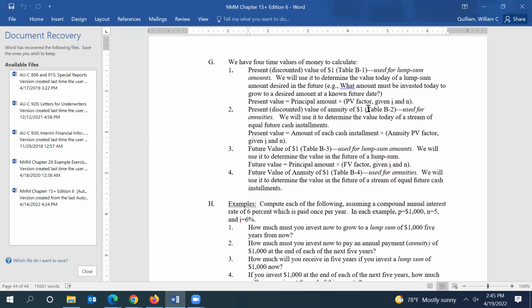Then we just multiply by the number of dollars in our principal, and we've got our answer. So we'll go to table B2 or A2, depending upon your edition of the book, and this will be used for annuities. I will show you how. We'll use it to determine the value today of a stream of equal future cash installments.